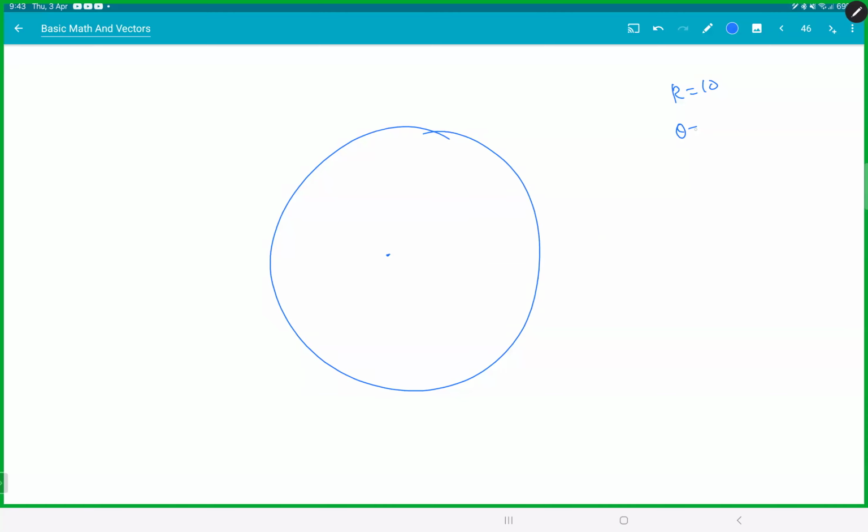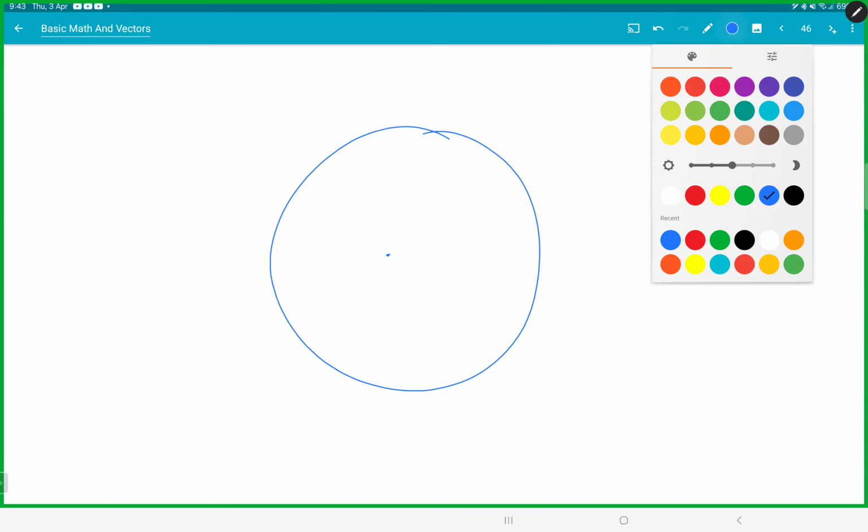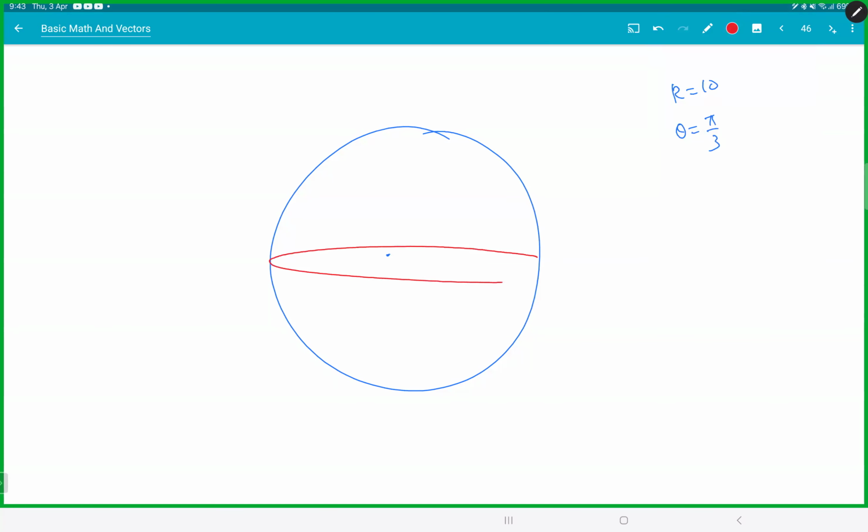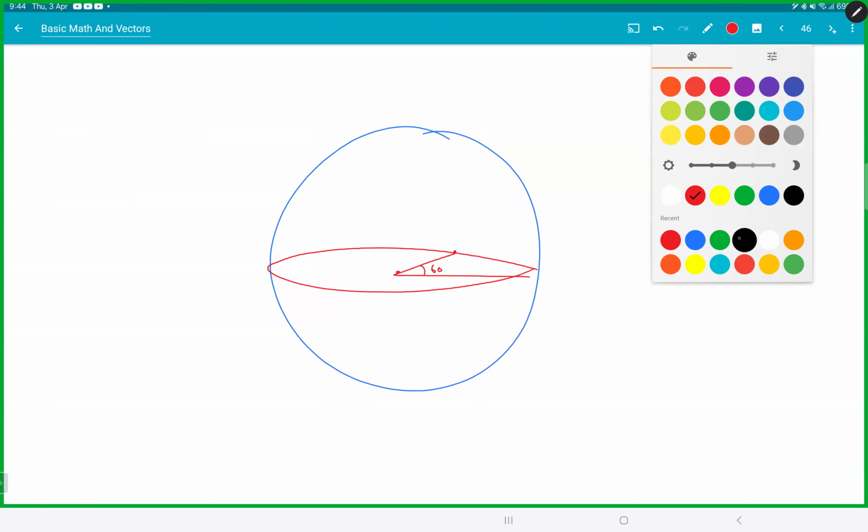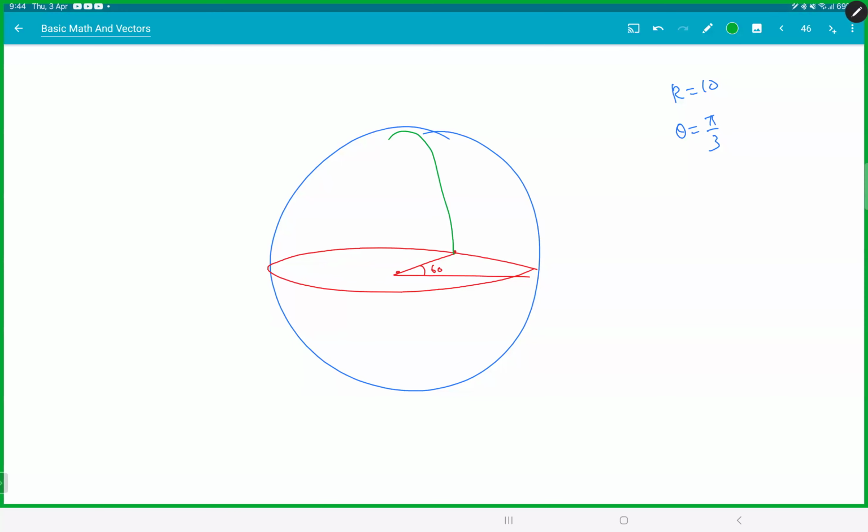Then if you say theta is 60 degrees, what does it mean? On this horizontal circle, listen everyone, if you get this, I think you'll understand most of it. If you rotate 60 degrees here, you will reach this point. Now understand here. All these points on the circle are at 60 degrees, isn't it?